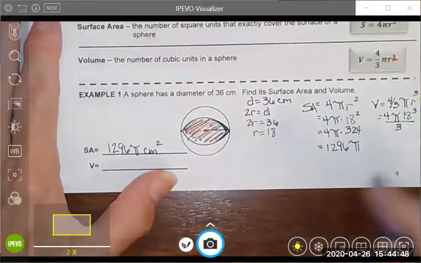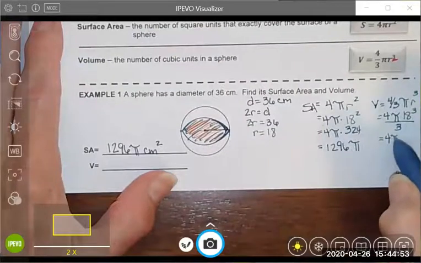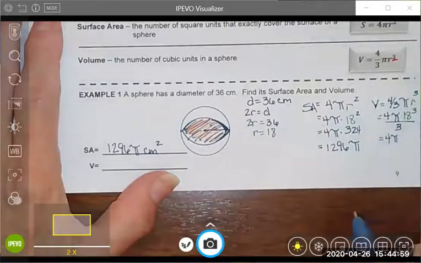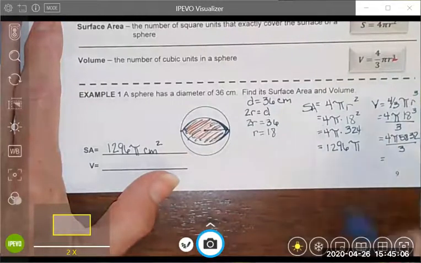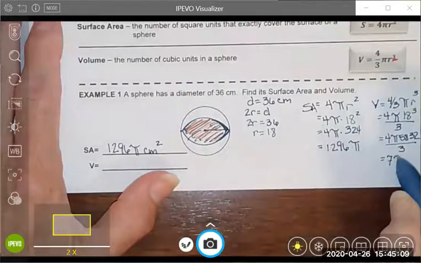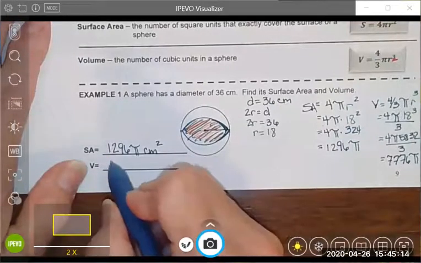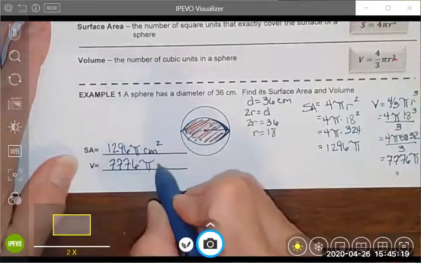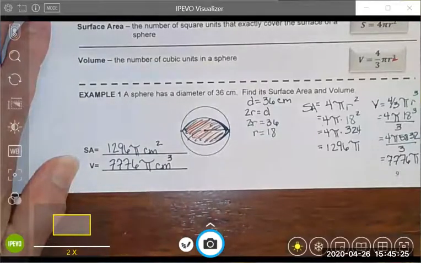That'll make my simplification sometimes a little bit easier. 4 pi and 18 cubed is actually a pretty big number: 5,832, all divided by 3. And when I simplify that, I end up with 7,776 pi. Again, big number. And when I write my volume expression, I want to remember that it's units cubed. So that was a pretty straightforward problem.